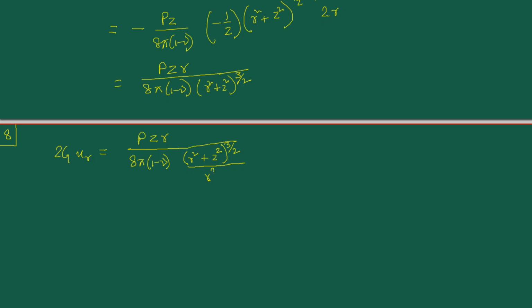So that means I have to put an r cube here, so that I end up with a 1 by r square here, and I'll have r square plus z square divided by r square here.